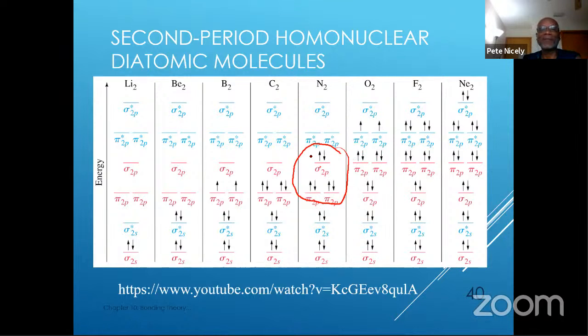So that's why you have that flipping from here. This goes here, this goes here to get the order that you observe in the case of oxygen, all right? And then the order that is seen in oxygen in terms of the energies of the molecular orbitals continues to fluorine and to neon, all right? So whenever it comes to assigning electrons, you do so according to the Aufbau principle.